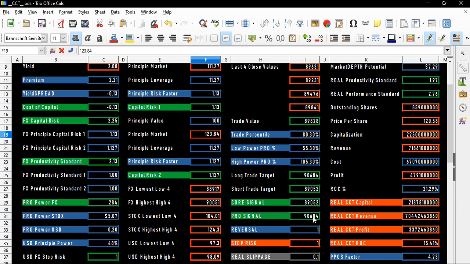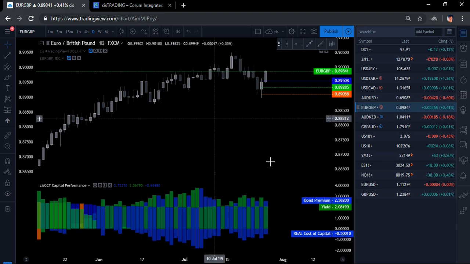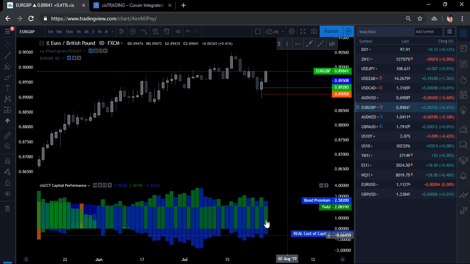All right. So we can go into our chart and look at the Euro British Pound, and on our CIS CCT, we're showing a little bit of devaluation, which signals a sell. All right, with yields moving just a little bit higher, but not much. We show the cost of capital is negative.